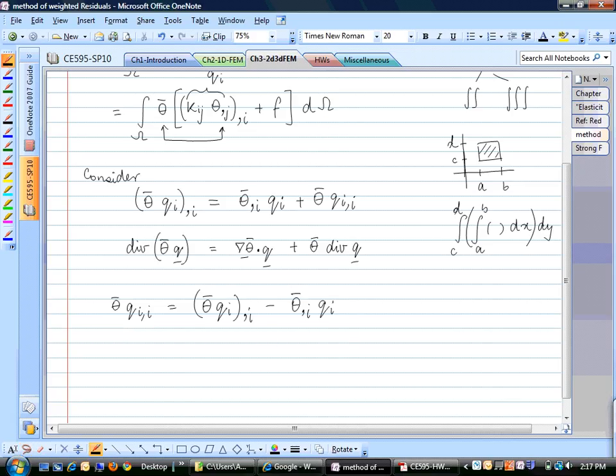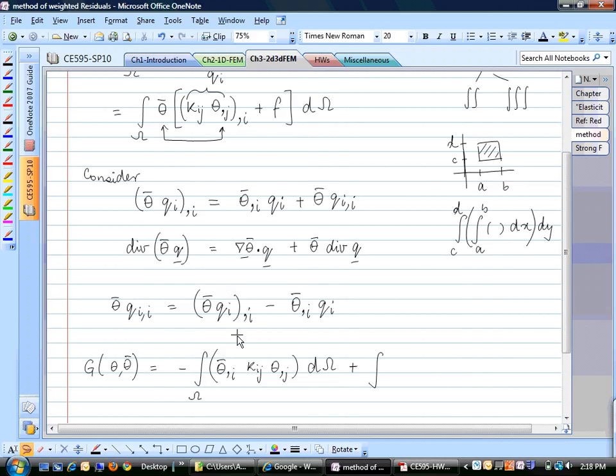If I do that, what I get is g of theta comma theta bar is equal to minus integral theta comma i times kappa ij. Now I'm substituting back for qi, so theta comma j, d omega. This is the integral over the domain, plus this boundary term.